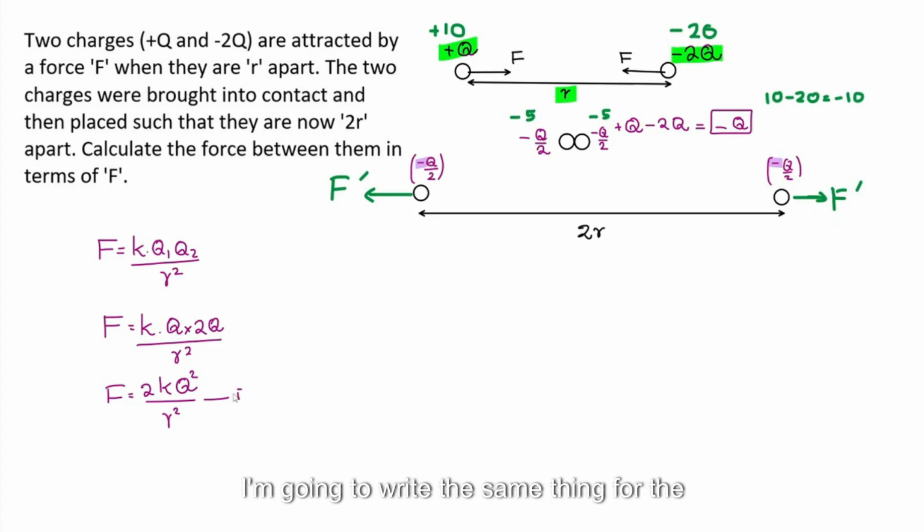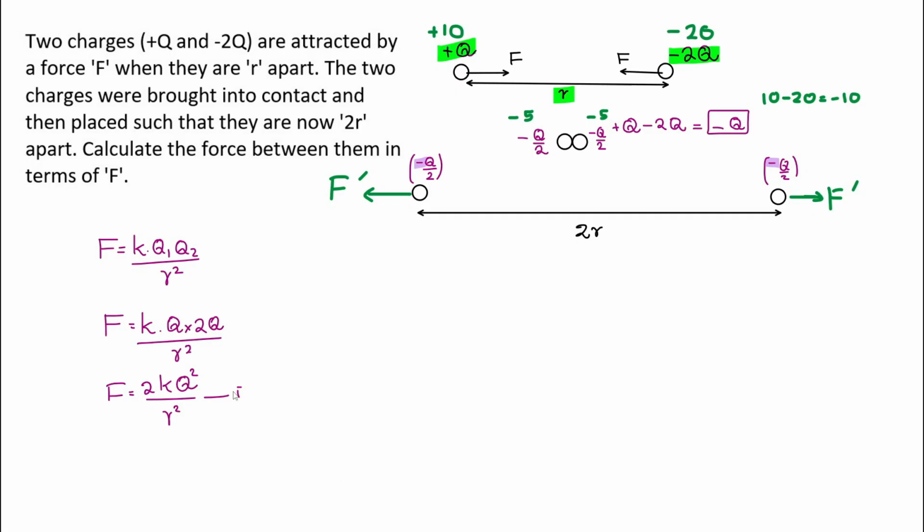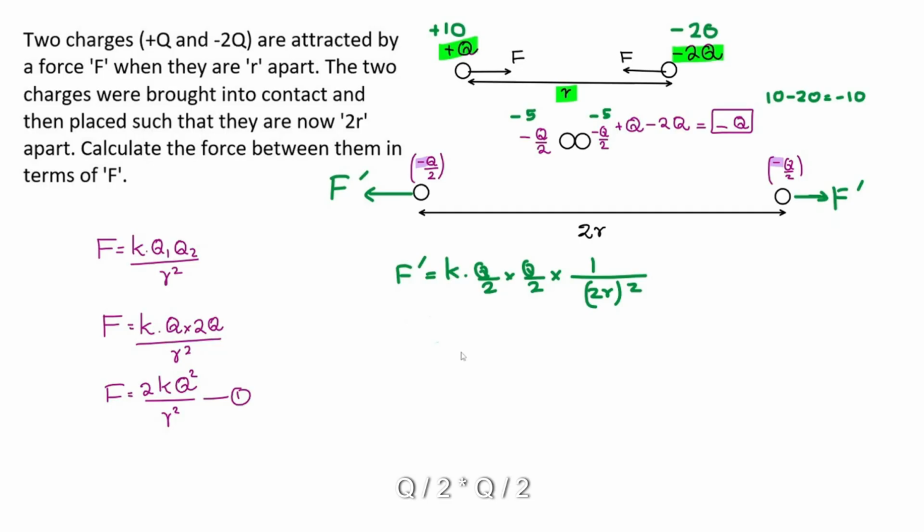I'm going to write the same thing for the second situation. F dash is equal to K, the charges are Q over 2 multiplied by Q over 2, divided by 2r everything squared. Same as dividing by 2r squared.